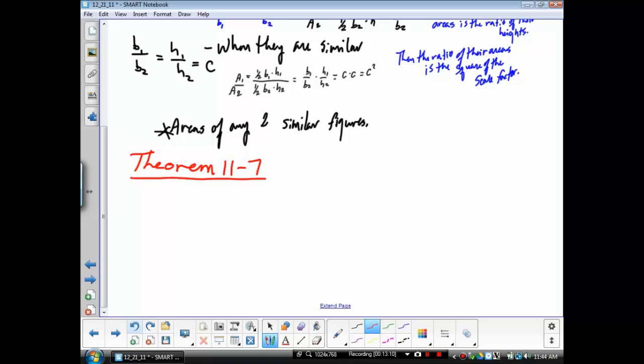What does that say? This piece up here in blue, the ratio of their areas is the square of the scale factor, which is the ratio of any two corresponding sides squared.